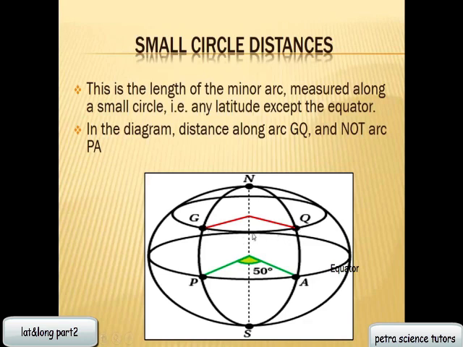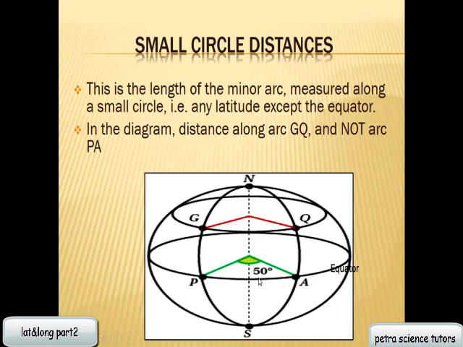So we'll consider the minor arc. You want to go from point G to point Q. It's not cost effective to travel along the major arc, because this is a longer distance. So we're considering only the minor arc, just from G to Q direct. Remember that this latitude is not like the equator.